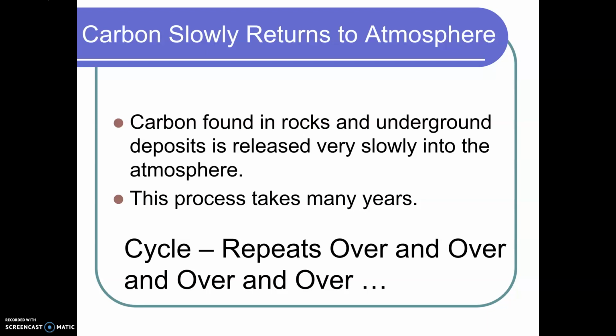And this cycle just repeats over and over and never stops. This carbon cycle is always happening. And if for some reason that carbon cycle were to break, were to have something malfunction and not go right, it would affect all of the living things on Earth, because all living things have to have carbon to survive.